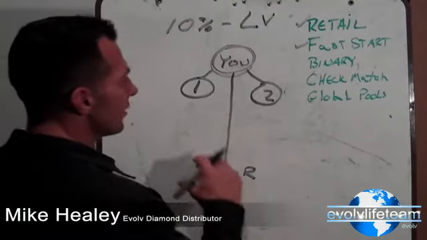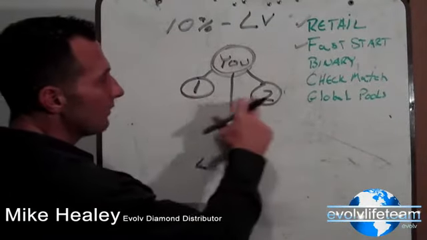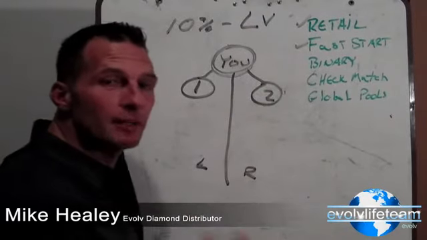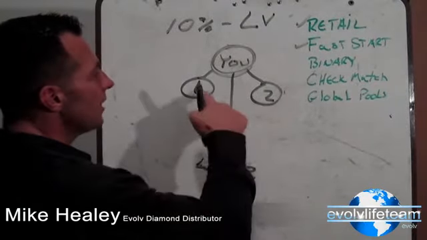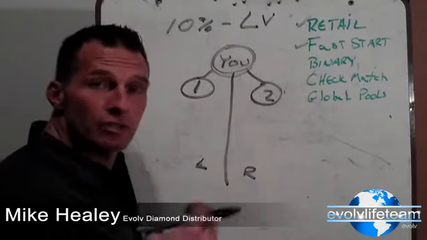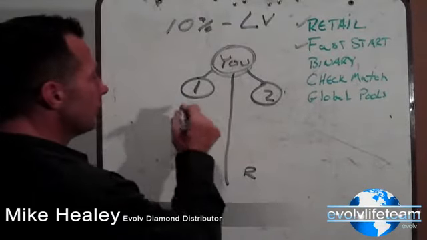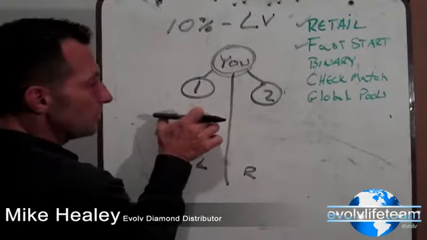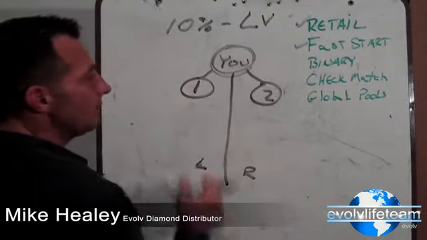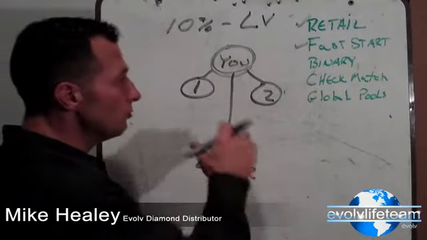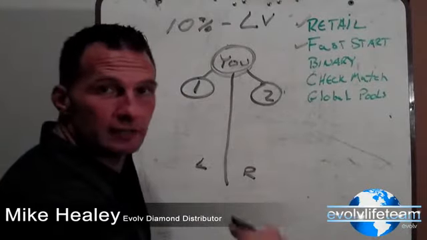So let me stay on track here. If you have somebody on your left and somebody on your right, what's really unique about a binary is if you sponsored, let's say, a third person, since you already have one here and one here, you'll notice in your back office you'll see empty spots under both sides. I always recommend that you build to the far left or the far right, depending on where you need them.